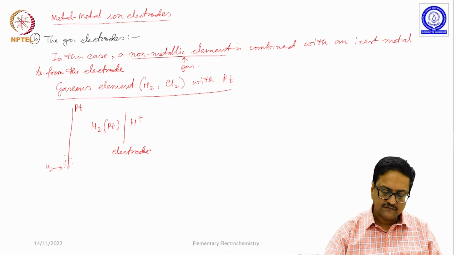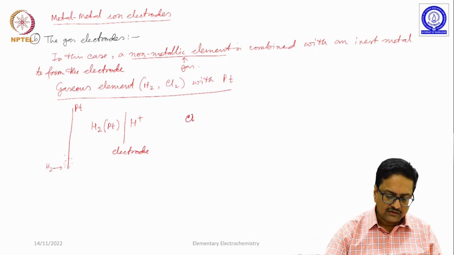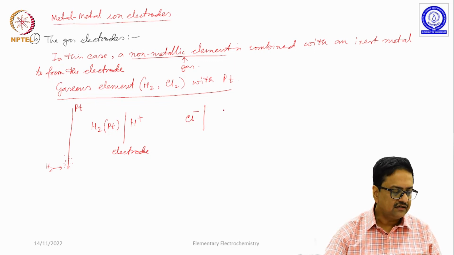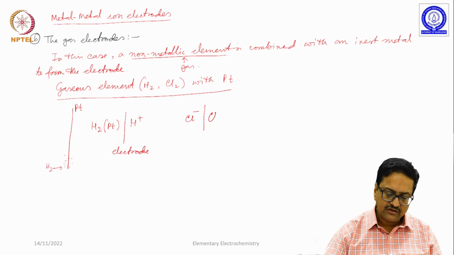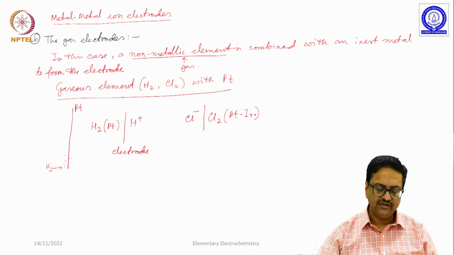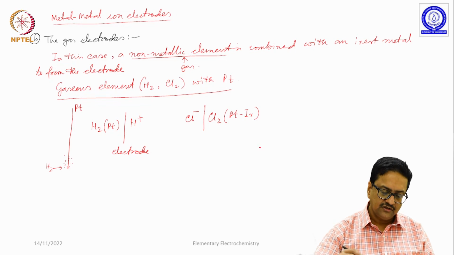Or a chloride anion is in contact with chlorine gas, with a platinum iridium alloy used as an electrode.